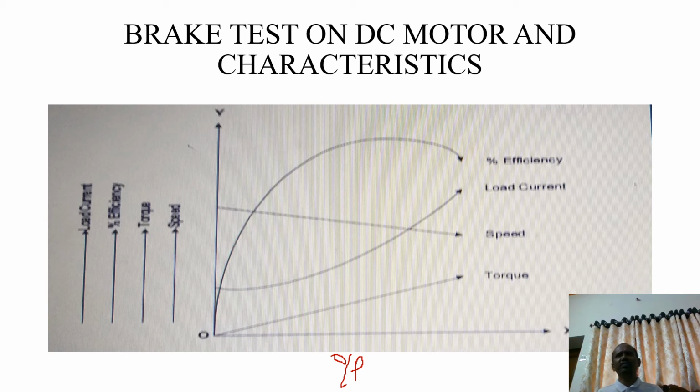If a voltmeter is required, note the voltmeter range. If an ammeter is required, note the ammeter range. If a wattmeter is required, note the wattmeter range. If a tachometer is required for measuring speed, note the tachometer range.